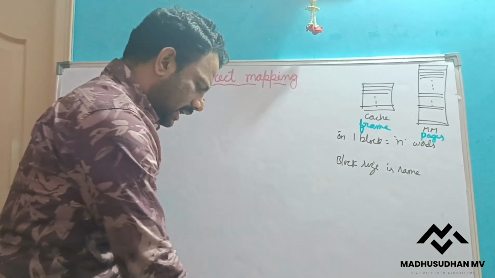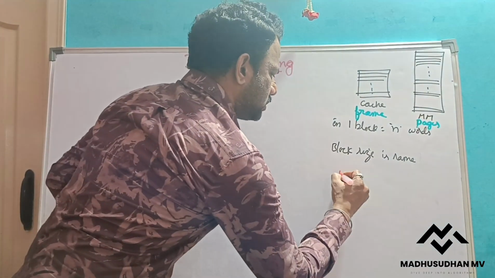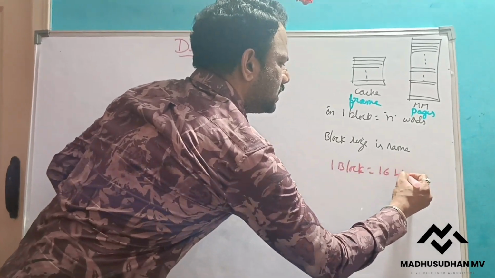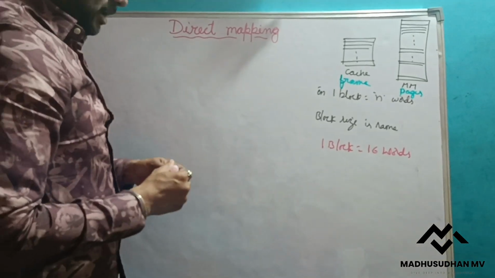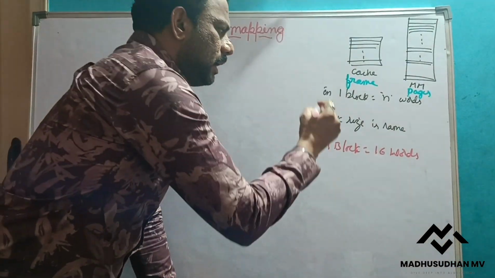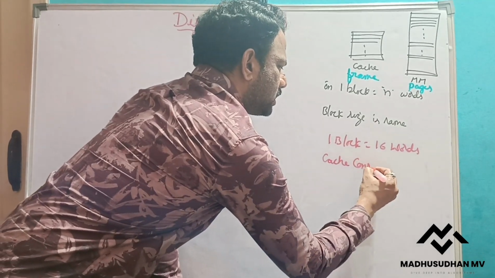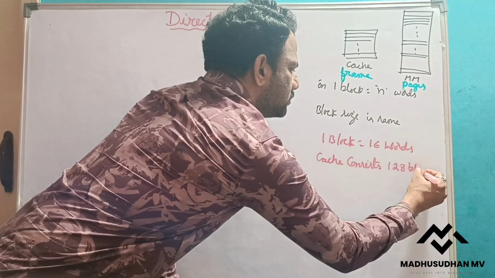Now let us take an example. One block contains 16 words, and the cache consists of 128 blocks.